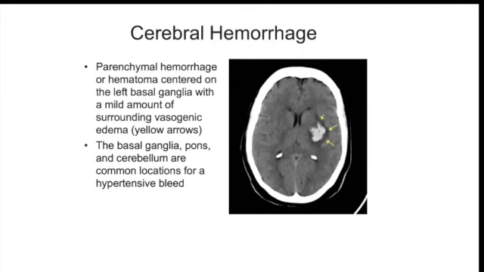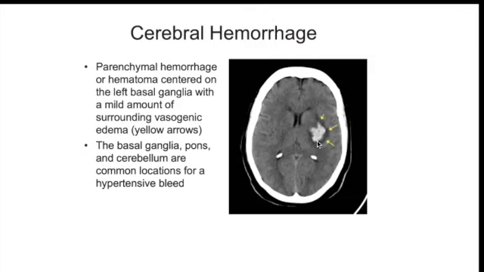Okay. So now let's take a look at the cerebral hemorrhages. So this slide shows a parenchymal hemorrhage on the left basal ganglia with a mild surrounding vasogenic edema. You can look at the part where the white arrows are pointing. Because I said blood should appear white, this is why we have a white collection, and it's surrounded by a vasogenic edema.